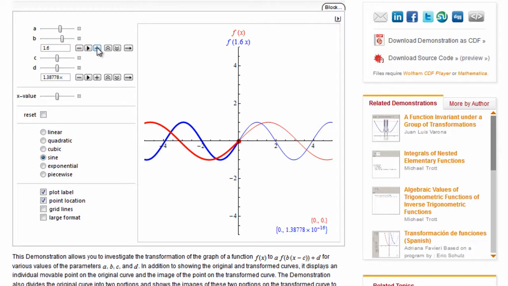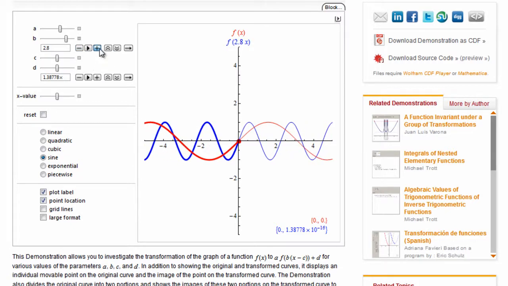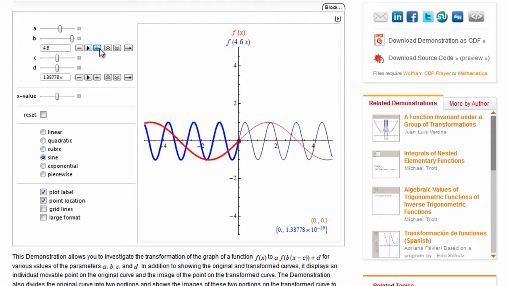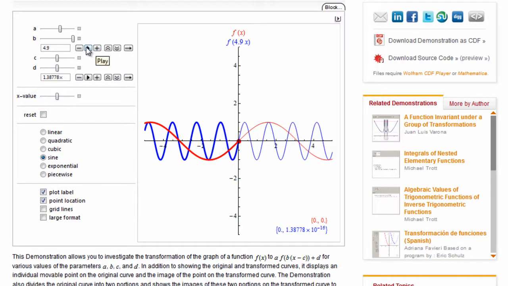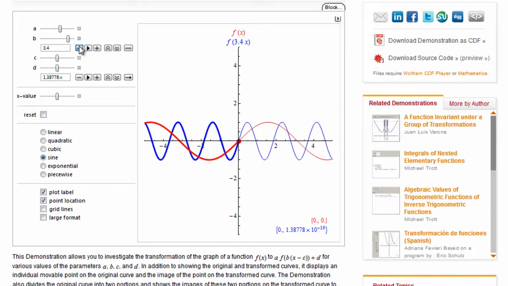So if I'm going to increase this, let's just say f of 2 times x versus f of x. F of x is the red curve, f of 2 times x is the blue curve, and what did that do as I increased that number? It looks like it's compressing it horizontally, right? Like an accordion. That's if the number's large, bigger than 1.